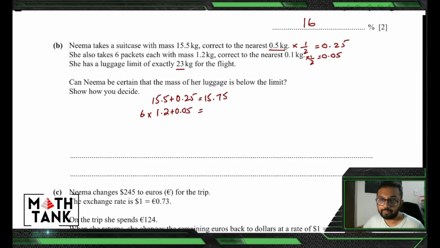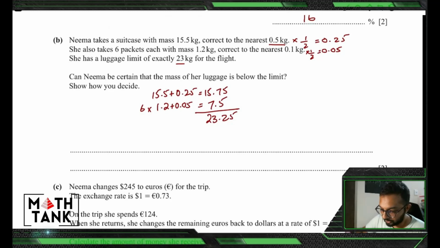What does that give me? 6 into 1.2 plus 0.05, you add first, and you multiply by 6, you get 7.5. Okay, 15.75 plus 7.5 is 23.25.